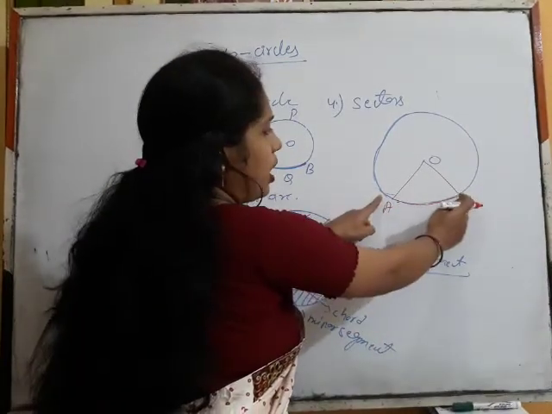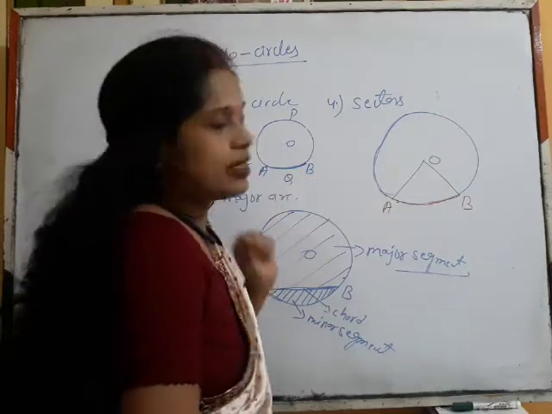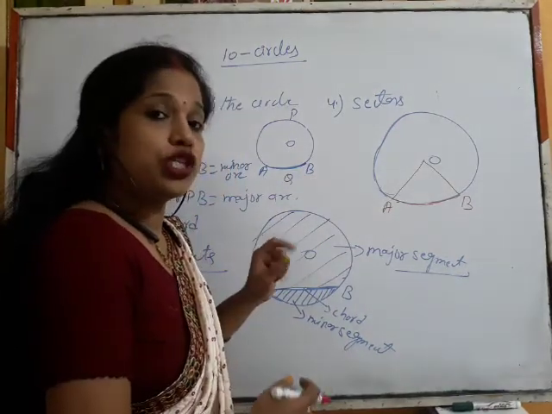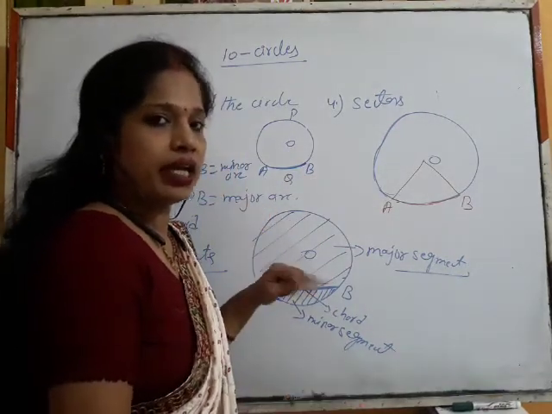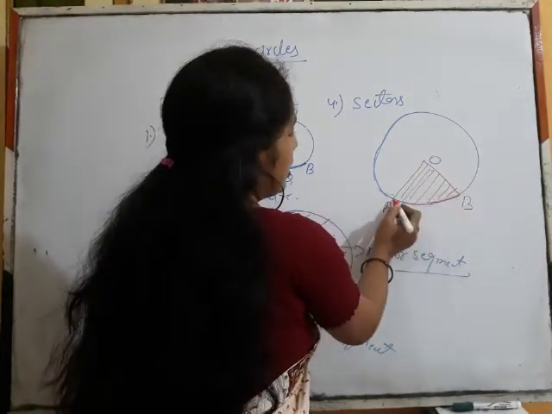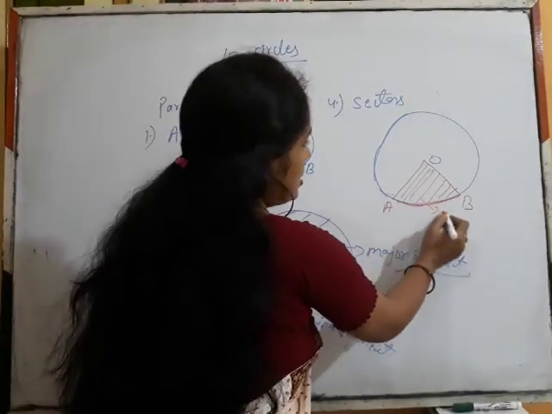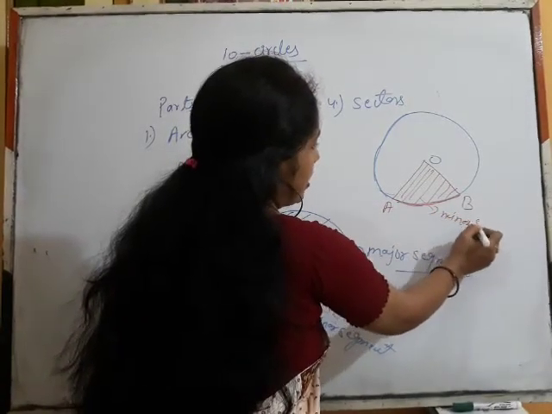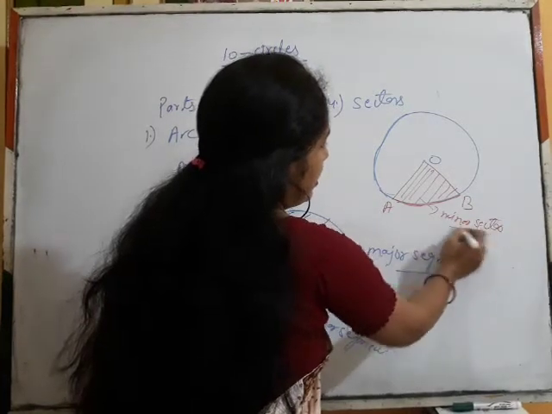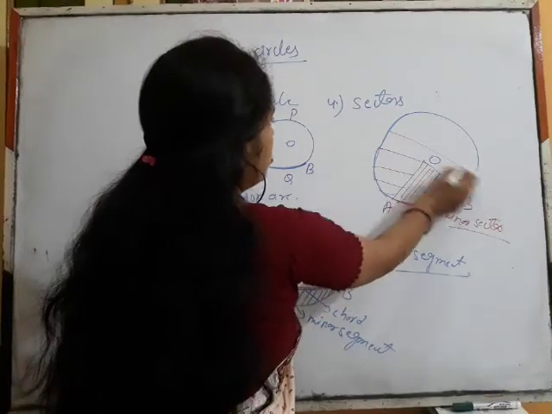The ends of the arc have been joined to the center, and due to this again the circle is divided into 2 parts with reference to the area. This smaller area corresponding to the minor arc is the minor sector.